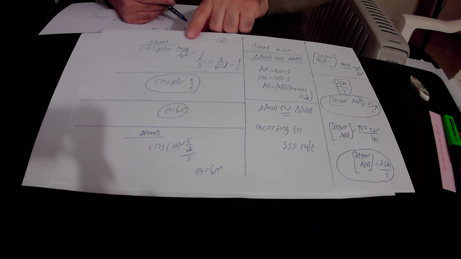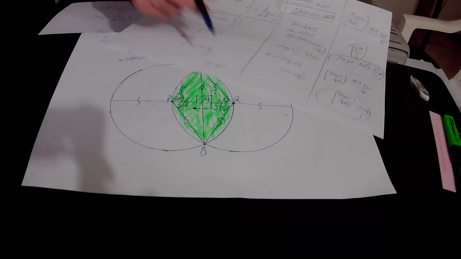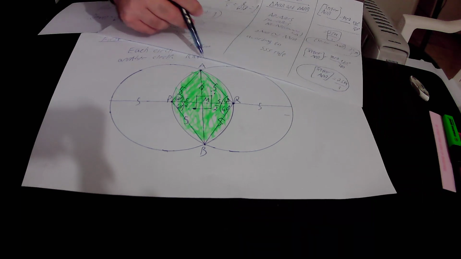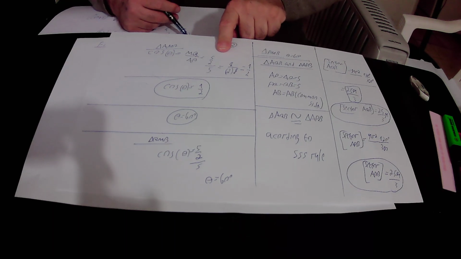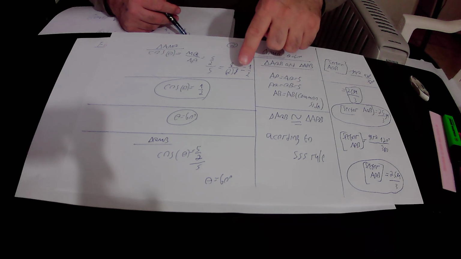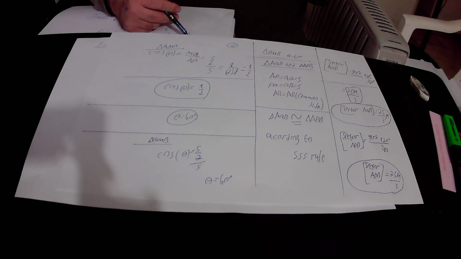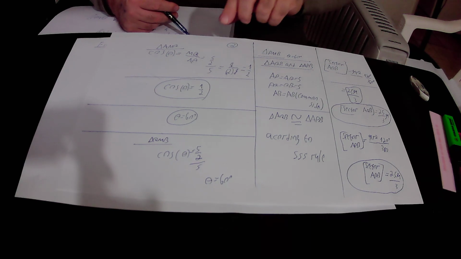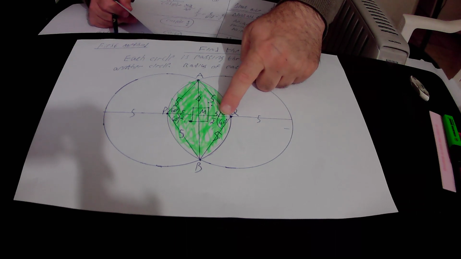In triangle AMQ, cosinus theta equals to QM over AQ, but QM equals to 5 over 2, AQ equals to 5. So we got that cosinus theta equals to 5 over 2 over 5. Here 5 over 5 is 1, so we found out that cosinus theta equals to 1 over 2. So if cosinus theta equals to 1 over 2, it means that theta equals to 60 degrees. Okay, so we found out that this angle theta equals to 60 degrees.